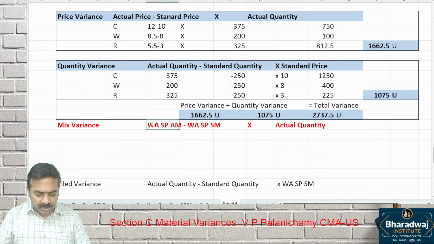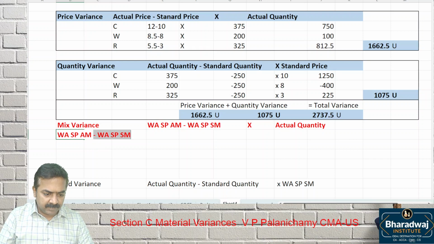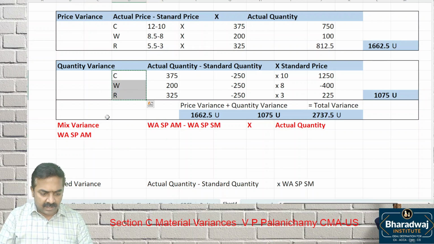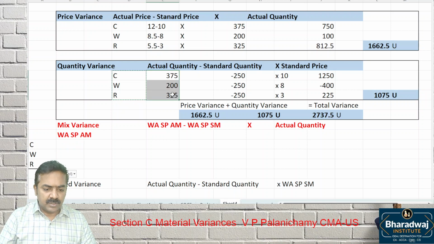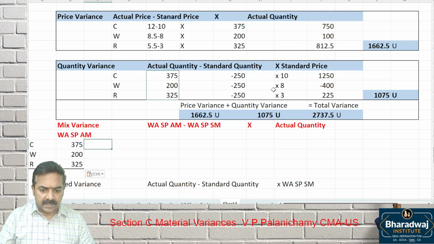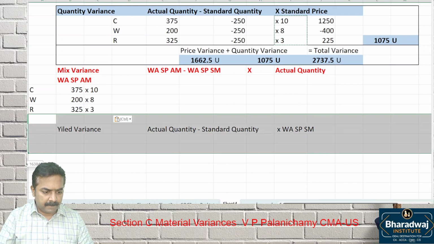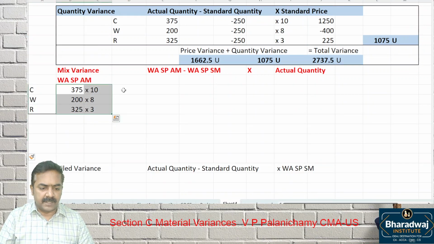Okay, so how to work out this weighted average standard price of actual mix? Simple, sir. What are the things? Corn, wheat and rice, right? We want actual mix values. So take the actual quantity into standard price.